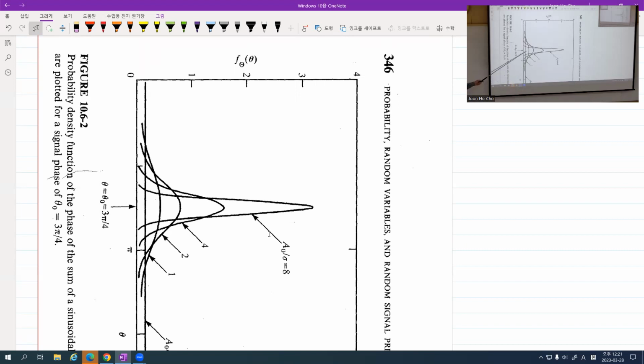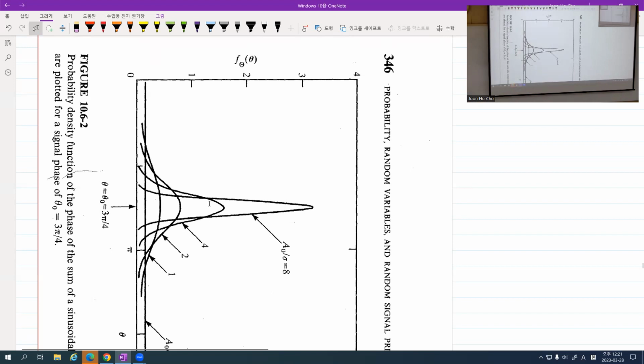But anyway, you can easily see that if the mean is 0, the theta density is flat from 0 to 2 pi. As I showed you, if the mean becomes larger and larger relative to the variance, then theta will be concentrated on the angle of the mean vector, in this case 3 pi over 4.